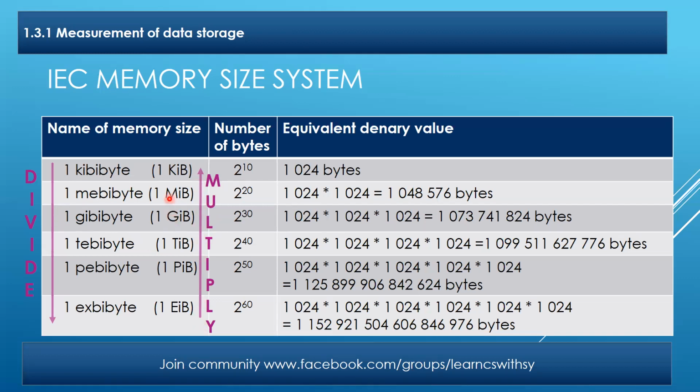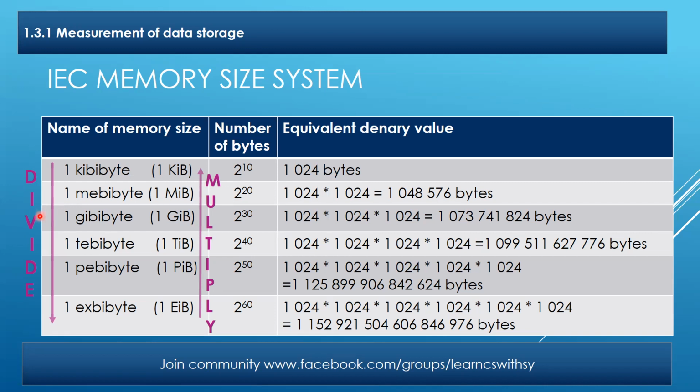For example, if you have to move from megabytes to kilobytes, you will be multiplying by 1024. But if you have to move from kilobyte to megabyte, then you'll be performing the division. By what? Yes, if I have to move from kilobyte to megabyte, I'll be performing division.